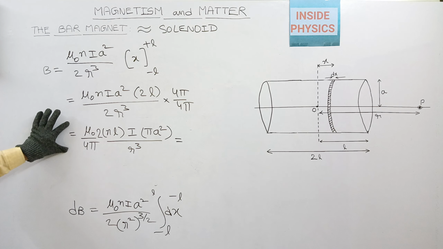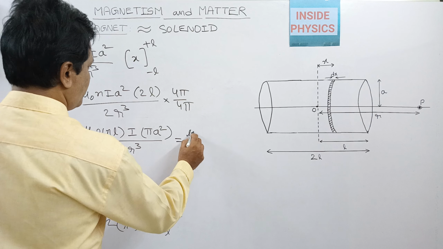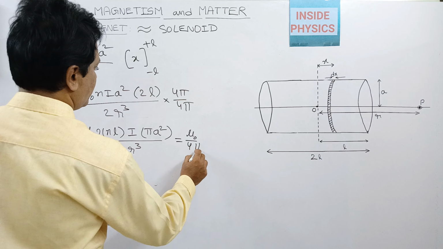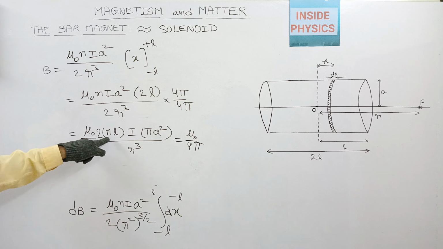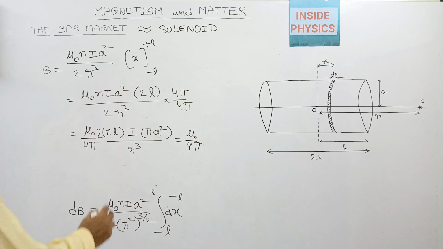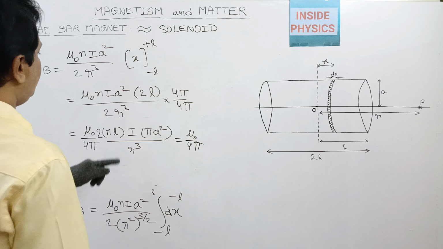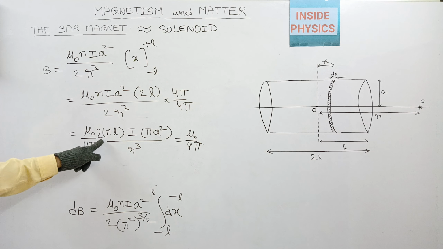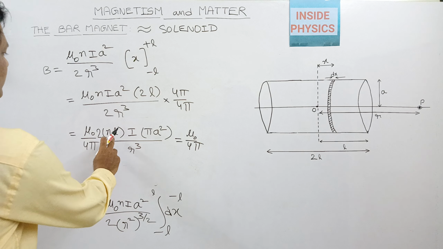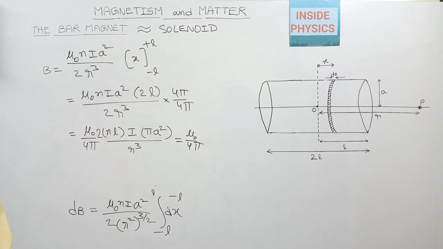This again we can write as mu naught by 4 pi. n L is nothing but n, the number of turns per unit length, into length 2L. This 2 into n L becomes 2L, that means the total length of the solenoid.